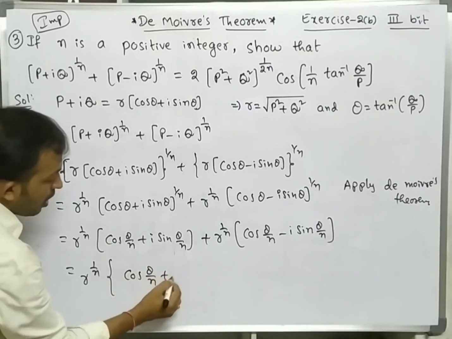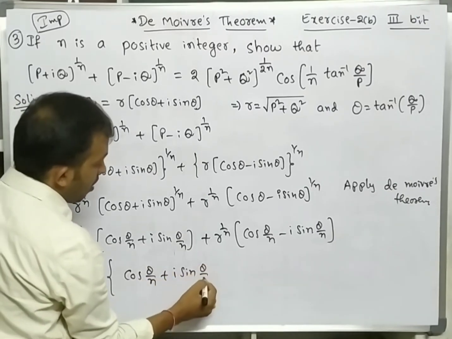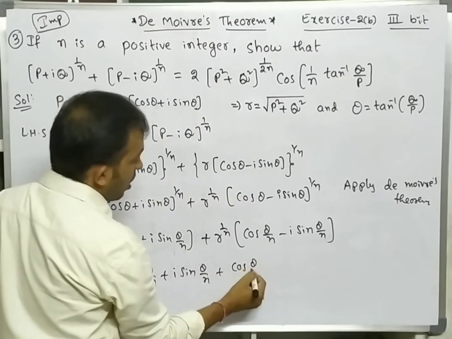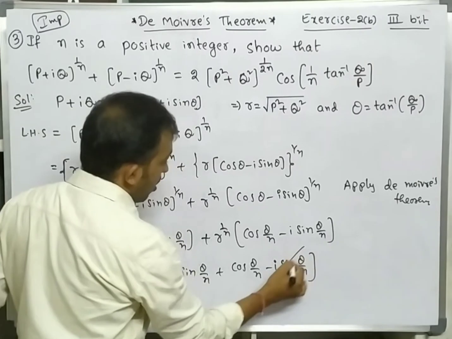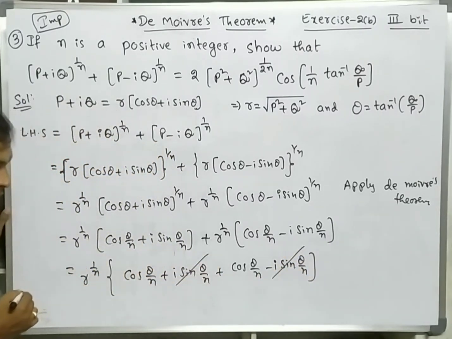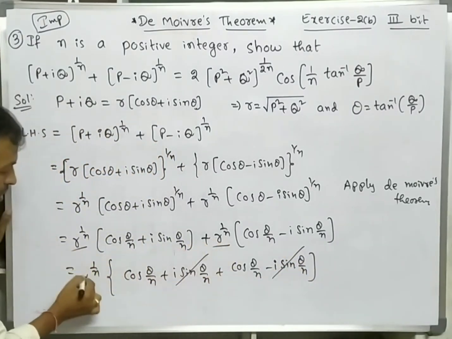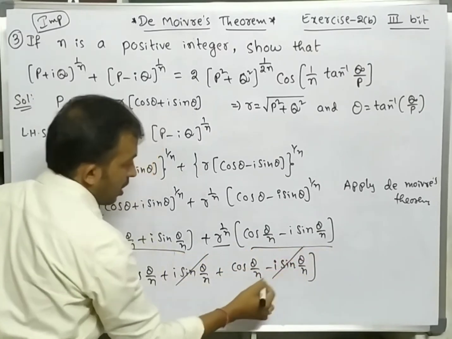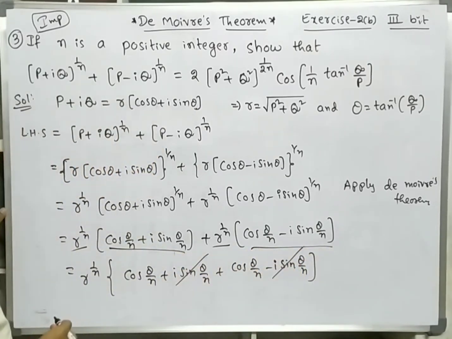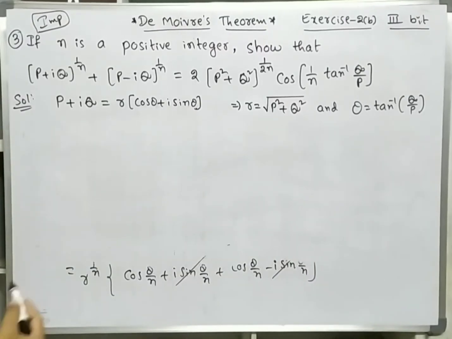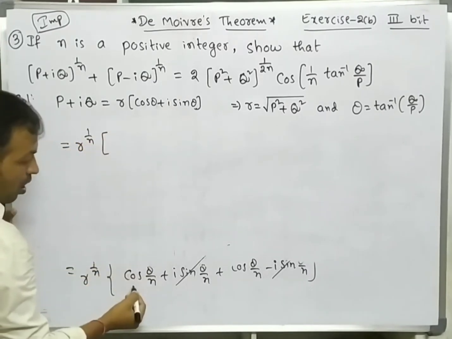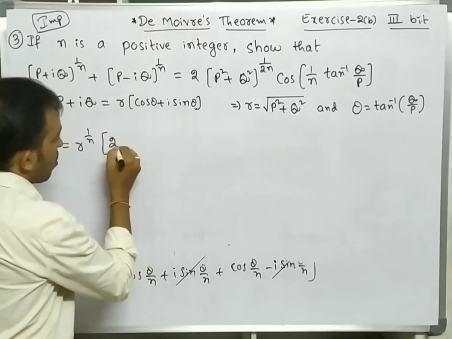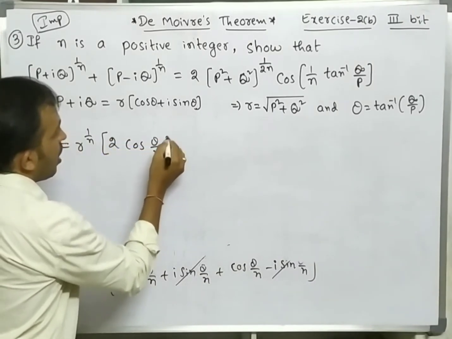Cos theta by n plus i sin theta by n, plus cos theta by n minus i sin theta by n. So i sin theta by n and minus i sin theta by n get cancelled. Then what is remaining? r power 1 by n into cos theta by n plus cos theta by n, that is 2 cos theta by n, right?